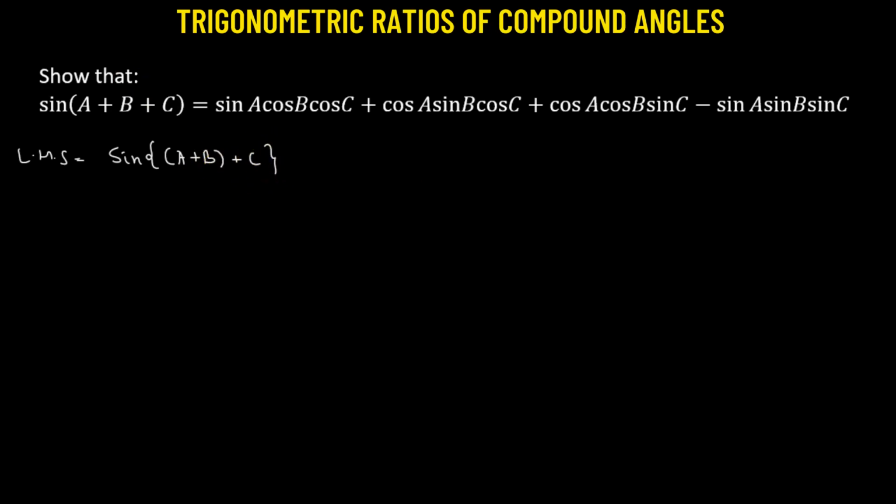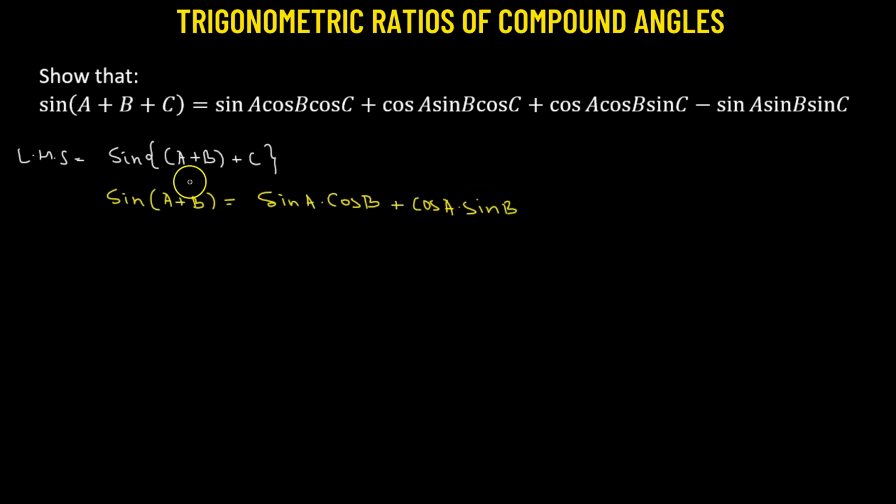The reason why we are writing in this particular fashion is because we know that sine of a plus b can be expanded as sine of a multiplied to cosine of b plus cosine of a times sine of b.